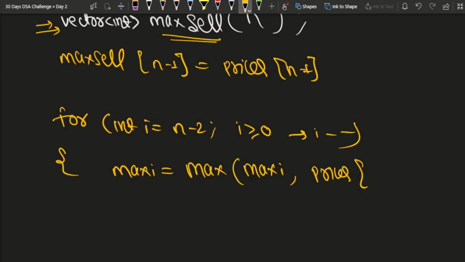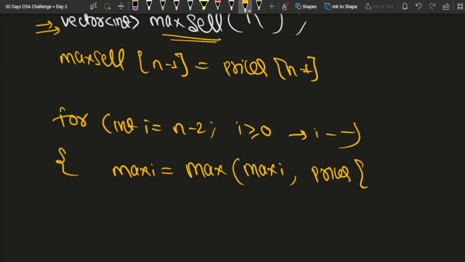Then, the name of my vector is maximum cell, so maximum cell of i will be my maxi, correct? And in this particular way, this vector will be filled.